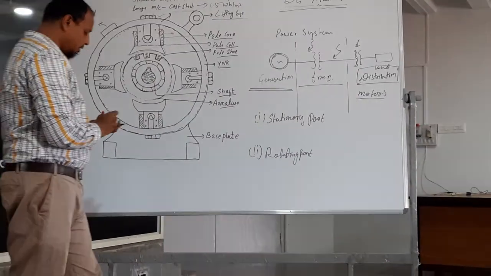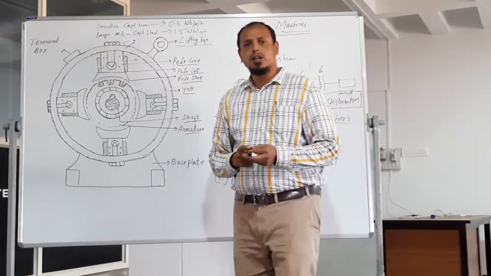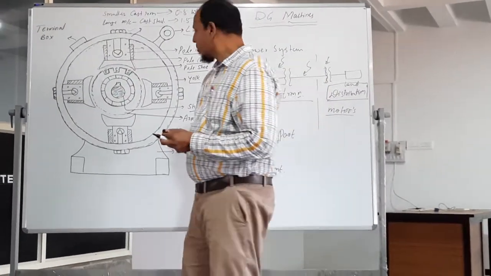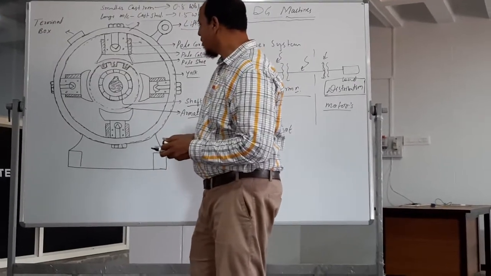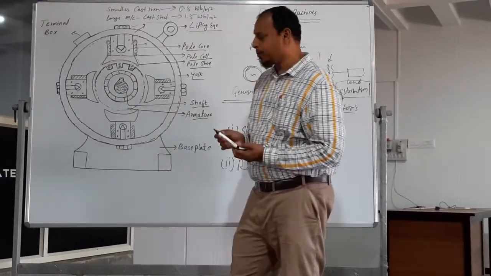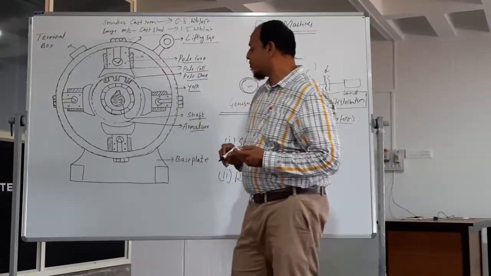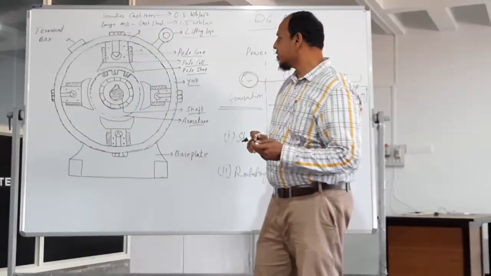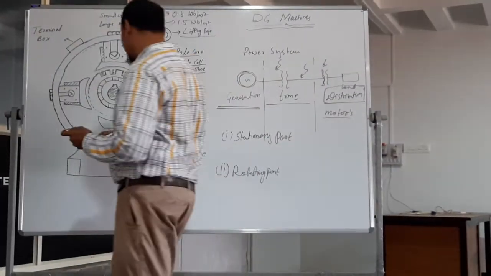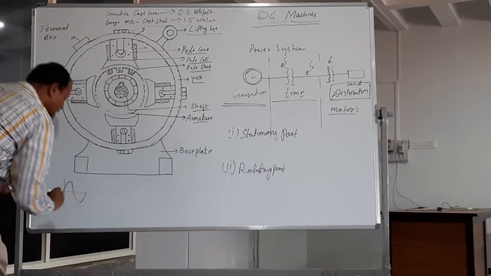In the commutator, which is the essential part in the construction of the DC generator, whatever be the power supply, the dynamically induced EMF, when it is cut by the armature conductor, is produced in the form of sinusoidal in nature.